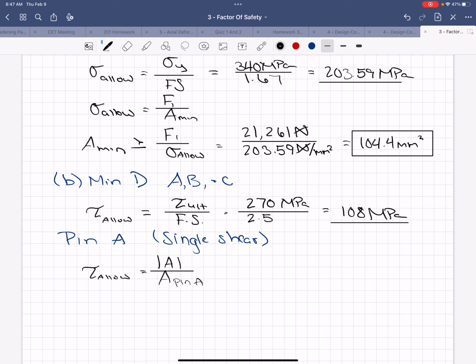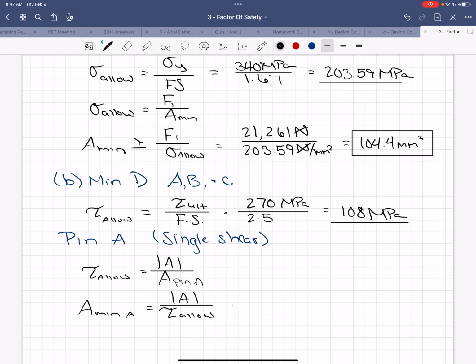So that means the minimum area for pin A equals the magnitude of the forces at A all over the allowable shear stress.